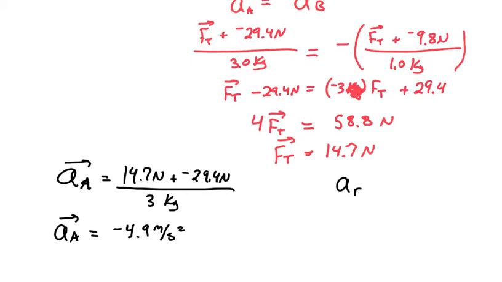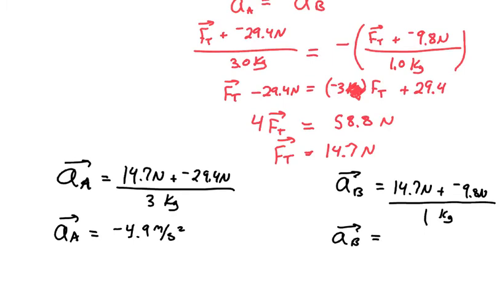And then acceleration for B will be equal to 14.7 newtons plus force of gravity on that one, so that was negative 9.8 newtons divided by 1 kilogram.